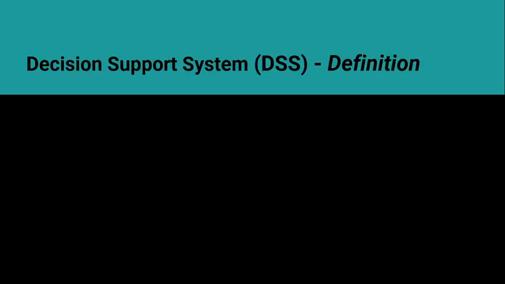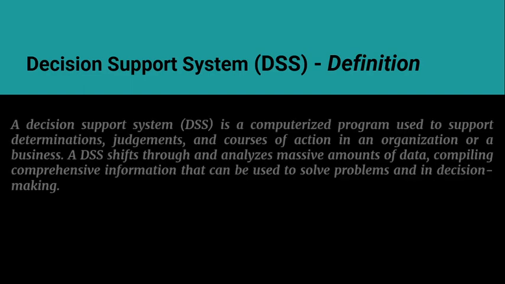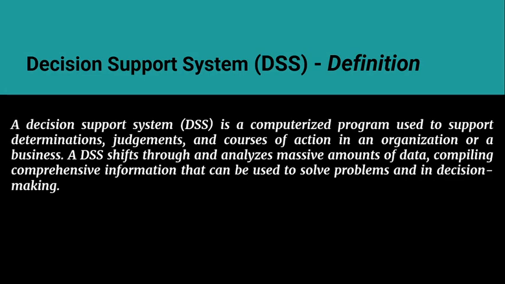First let us see what this DSS or decision support system means. A decision support system is a computerized program used to support determinations, judgments and courses of action in an organization or a business.